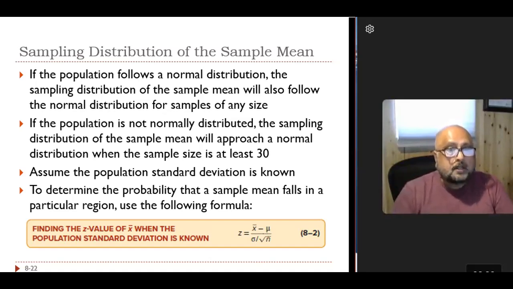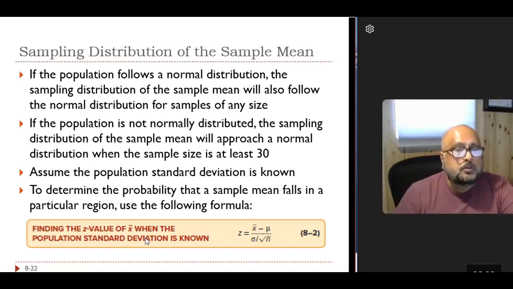If you know it, the formula you use to find the z value is: x bar, the sample mean, minus the population mean, divided by sigma divided by the square root of n. So what is z?